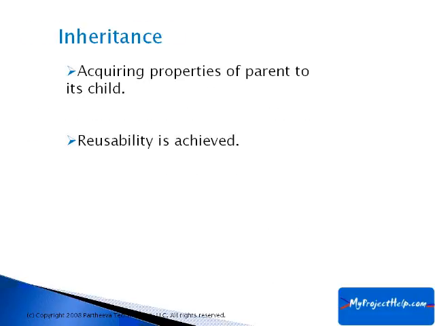And the next concept of OOPS is inheritance. So what is inheritance? Acquiring properties of a parent into its child. The word itself says inheritance, inheriting. Already I have said that in Java, we write Java source code by using classes.